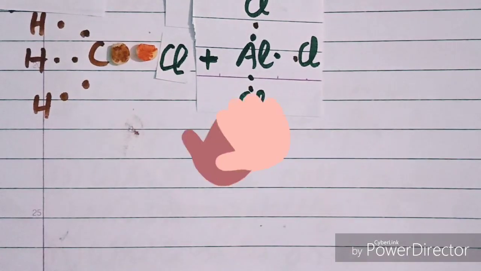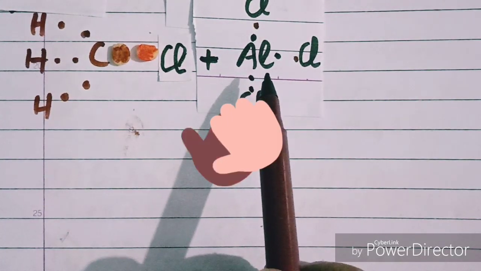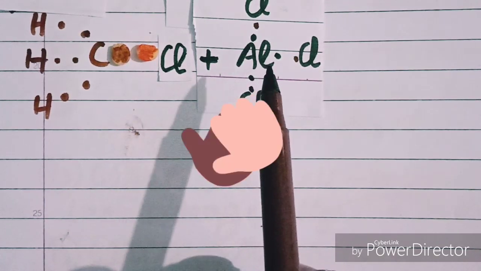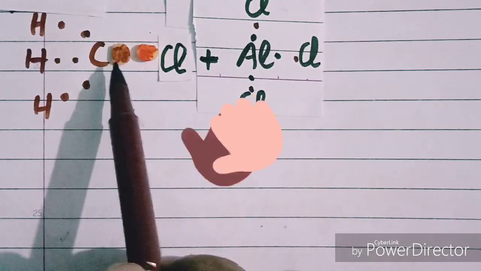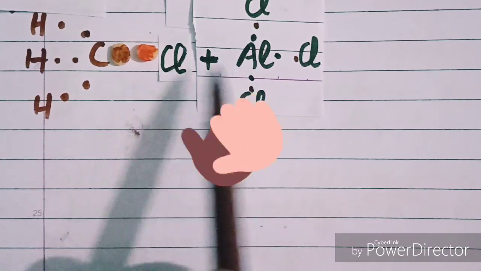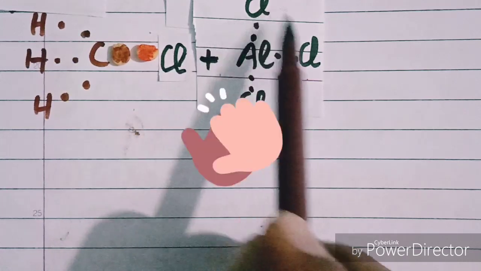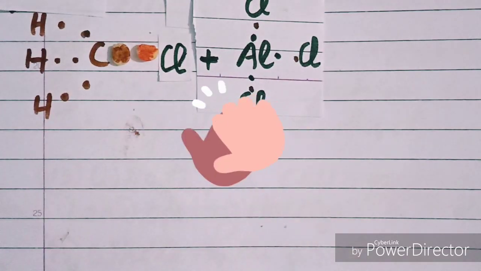Then what happens? Being electron deficient, it needs another 2 electrons to attain its octet. AlCl3 can accept this chlorine with these 2 electrons to attain octet. You see, these 2 electrons, this chlorine and AlCl3 will become AlCl4 minus.